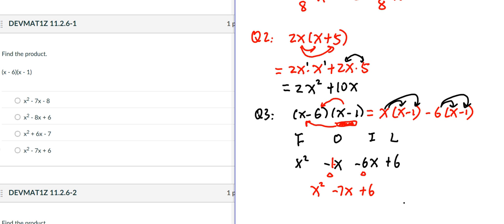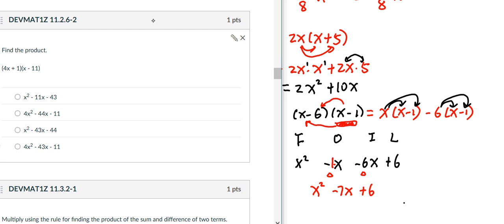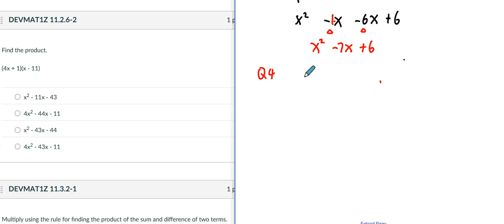All right. Now, we'll do question 4. Question 4, we just skip this step, and then we do the FOIL method right away. That will be 4x plus 1 times x minus 11.